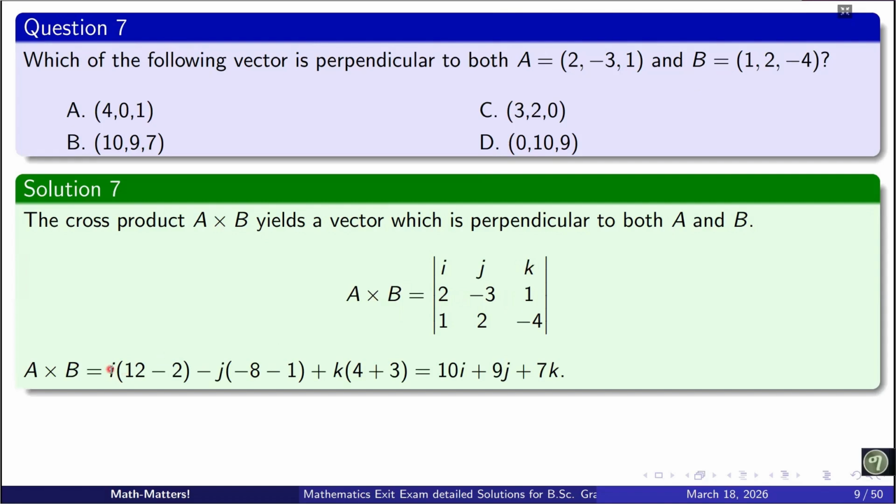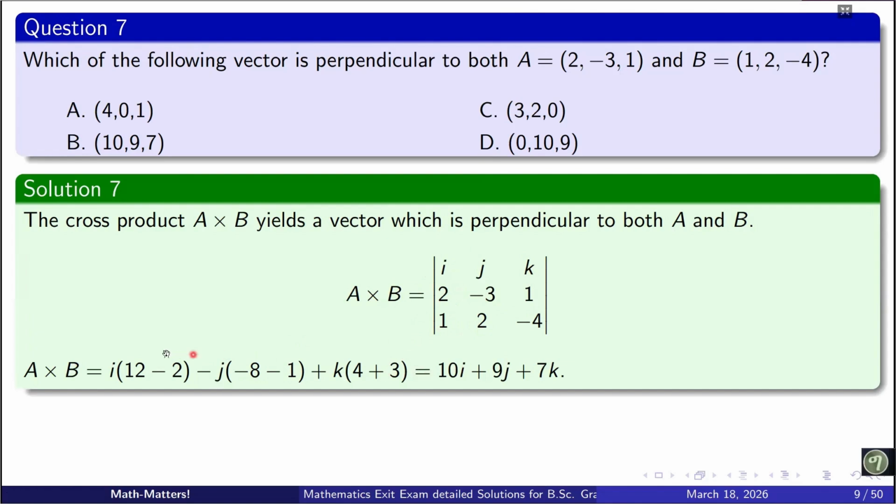It is i multiplied by, if I delete the first column, minus 3 times minus 4, which is positive 12, minus 2 times 1, that is 2; minus j into, if I delete the second column, 2 times minus 4, which is minus 8, minus 1 times 1, that is 1; plus k into 2 times 2, which is 4, minus 1 times minus 3, which is minus of minus 3, that is positive 3.